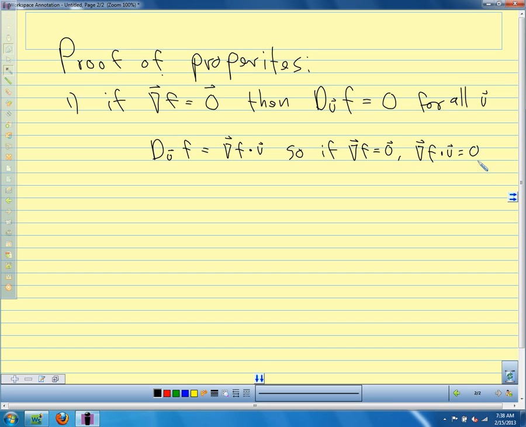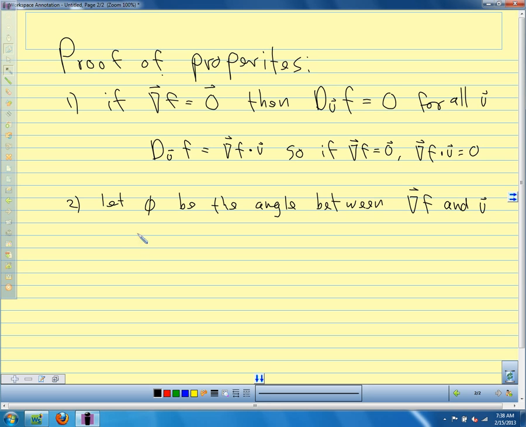All right, property 2. We said the maximum directional derivative was in the direction of the gradient. The gradient gives us the maximum directional derivative. So for number 2, let phi be the angle between del f and our unit vector.